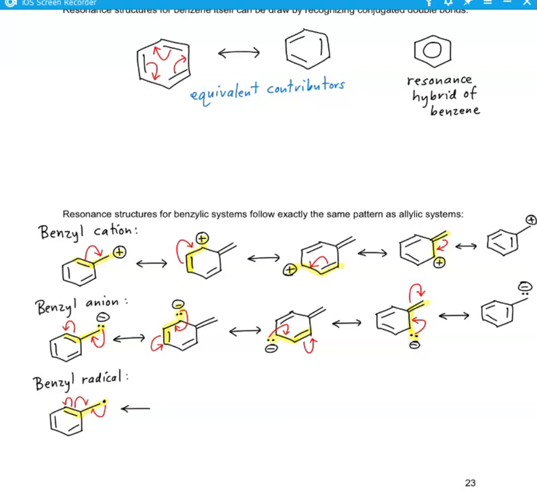So three fishhook arrows. Which generates another allyl radical. And so we just keep applying the pattern.